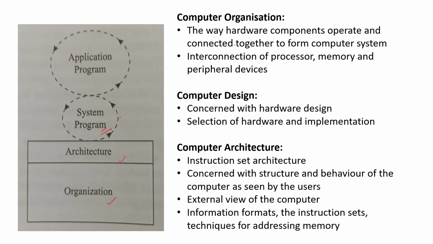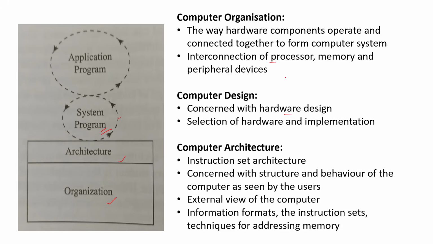Finally, computer organization is the way hardware components operate and are connected to form the computer system. We'll talk about the interconnection of the processor, memory, and peripheral devices. Whereas computer design is concerned with hardware design.